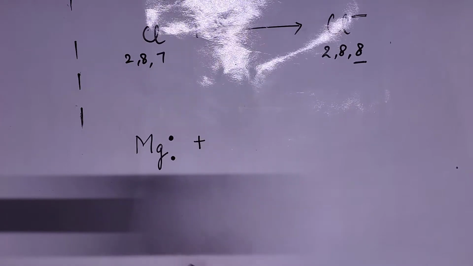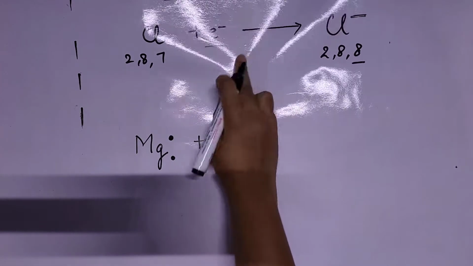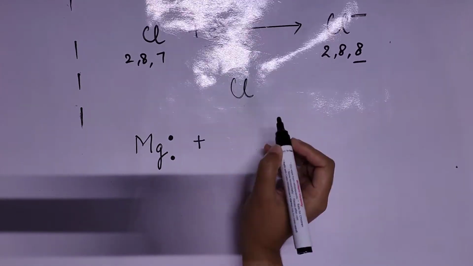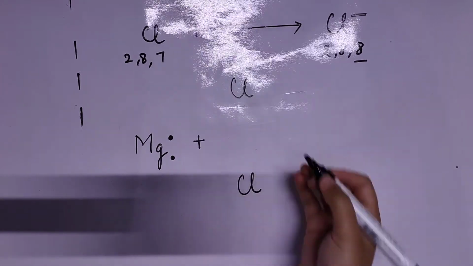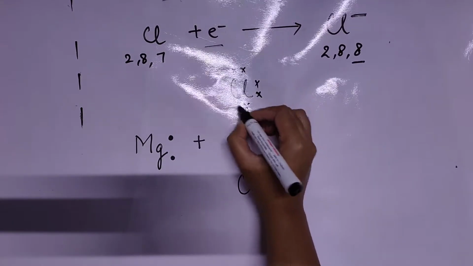Now when you see the formula of magnesium chloride, you will find that there is only 1 magnesium atom and 2 chlorine atoms. So we will also write 2 chlorine atoms here, and then show their valence electrons.